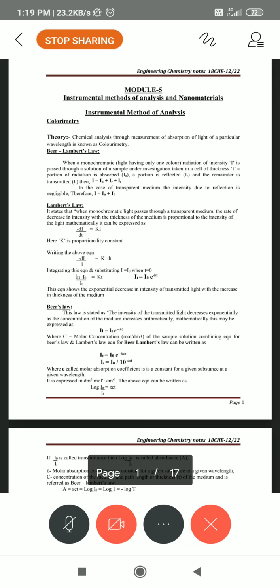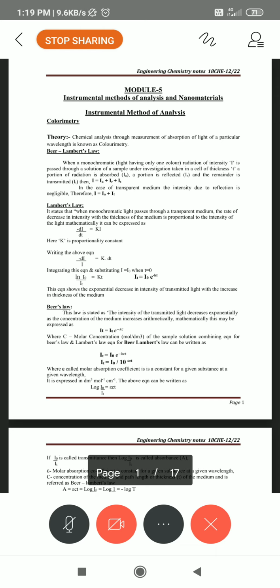From that, we prepare 10 ml, which contains 10 milligrams of sodium fluoride, again dissolved in 1 liter of DM water. That is called a stock solution or standard solution, which is used to estimate fluoride colorimetrically. So keep it aside.